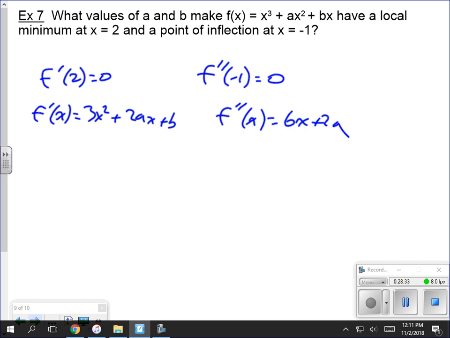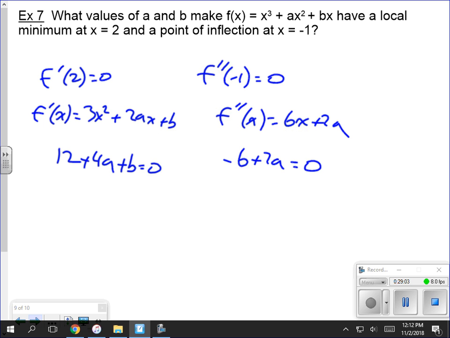So when I say that f prime of 2 is equal to 0, that means when I plug 2 in for x, it's equal to 0. So I put 2 in for x, that gives me 4 times 3, so I have 12, put in 2 here, plus 4a plus b is equal to 0. I put -1 in for x here, -6 plus 2a is equal to 0.